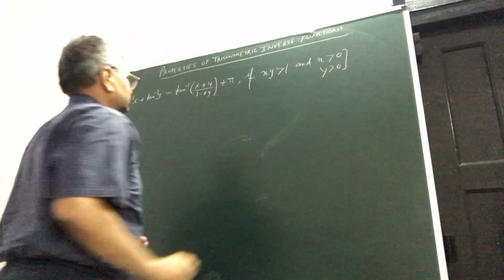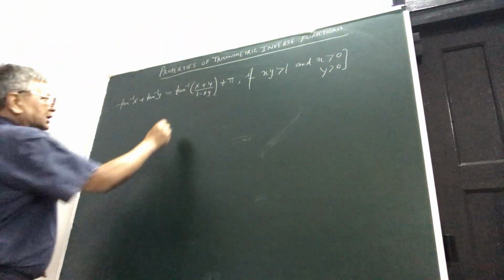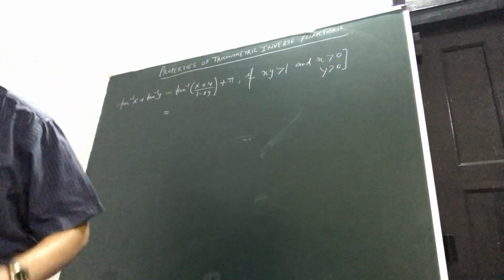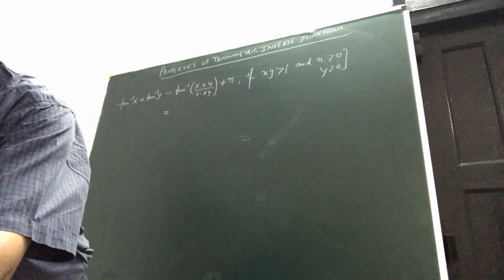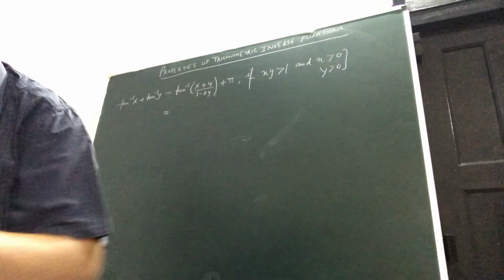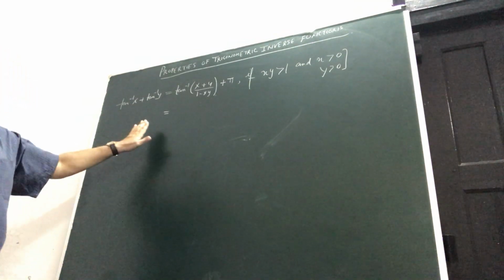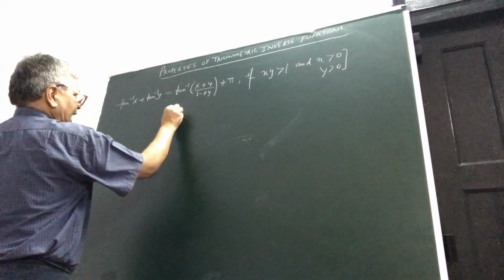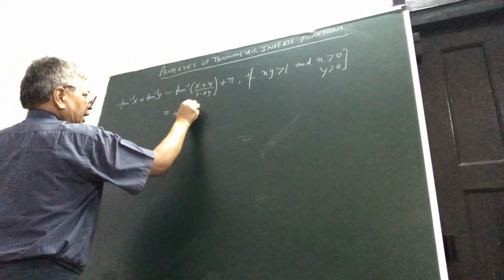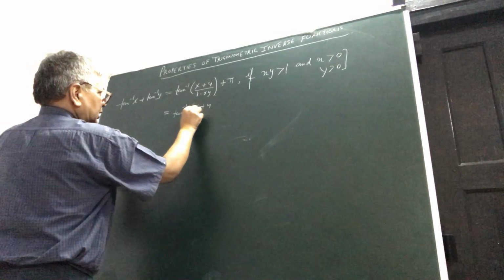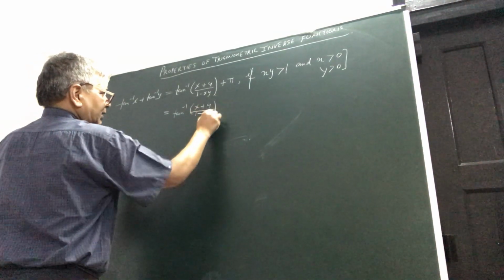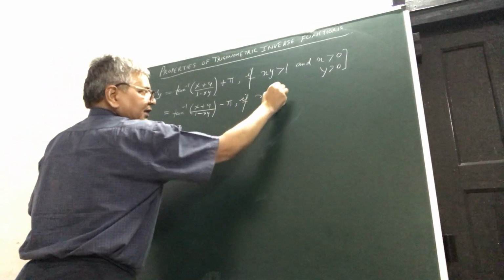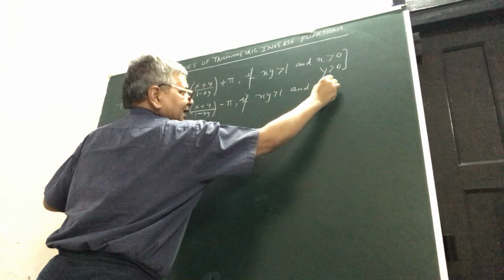So that is understood. And the second case would be that it is equal to tan inverse of (x plus y) upon (1 minus xy) minus pi, provided xy is greater than 1 and x is less than 0.